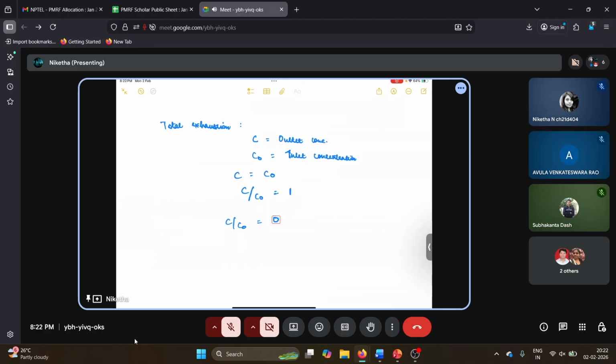It means the outlet concentration is very low compared to the inlet concentration, meaning the adsorbate is still adsorbable, the column is not exhausted and breakthrough has not been reached, and it is behaving like a fresh column. Whatever adsorbate we put in is completely getting adsorbed.